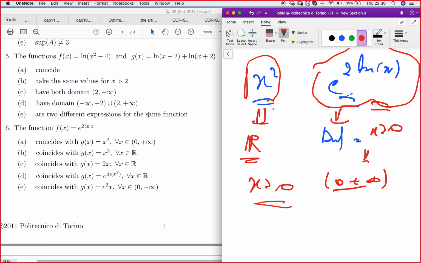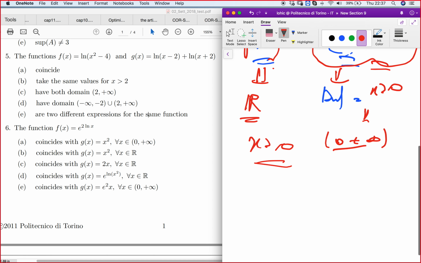So A is correct, right? They coincide for all x in R. For all x, the function coincides to g of x, to 2x. I don't know how you can manage that exponential to get 2x. And then they're saying that this corresponds to exponential of logarithm of x squared for all x in R. No, because even if you write exponential of 2 log x, you know that it is exponential of logarithm of x squared.